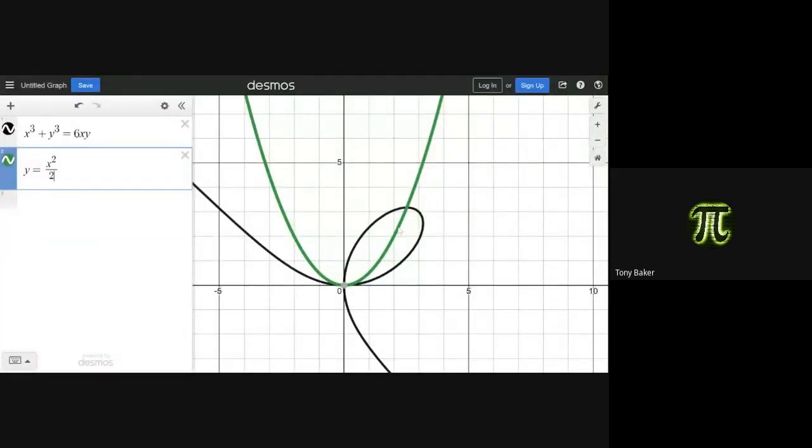So you've never had this before. Every time we plugged in something to get a slope, we got an answer. We got a function. So if you look at the actual graph, is there more than one time where this is vertical or horizontal?